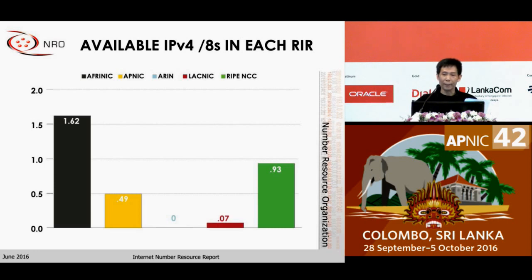You can see ARIN went down to 0. LACNIC only has a little. APNIC has less than 50% of a /8. RIPE NCC is also down to under a /8. Only AFRINIC still has more than a /8.